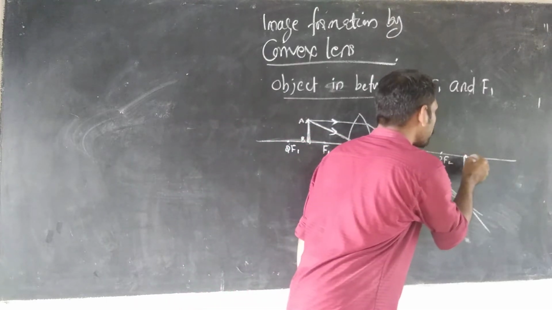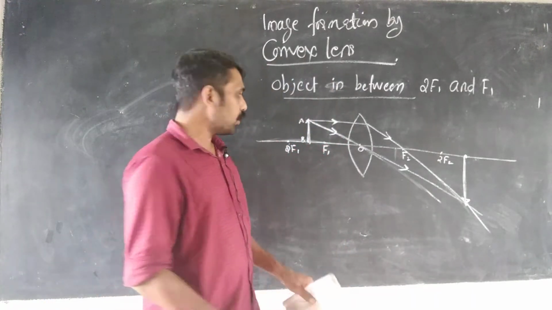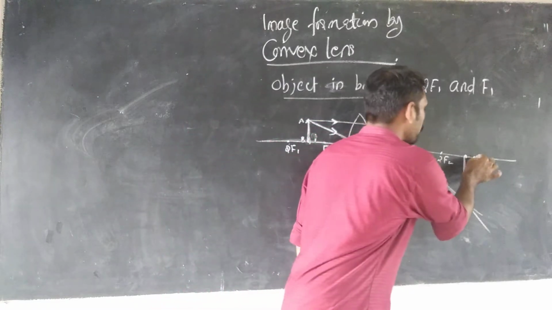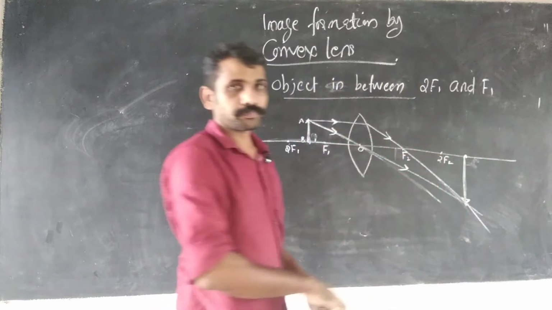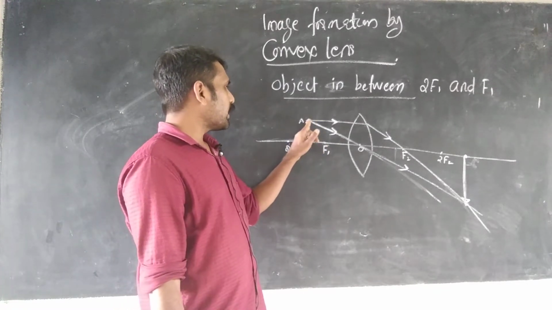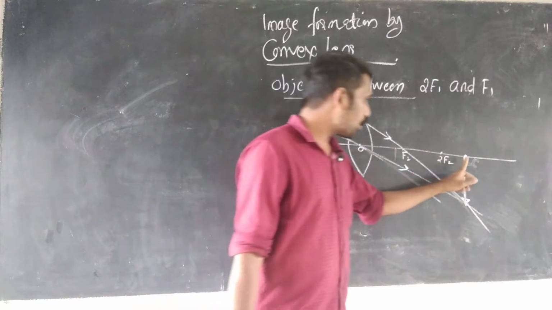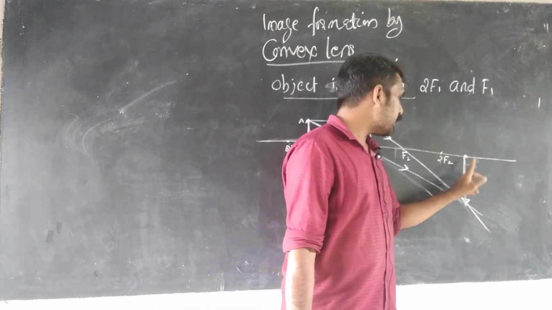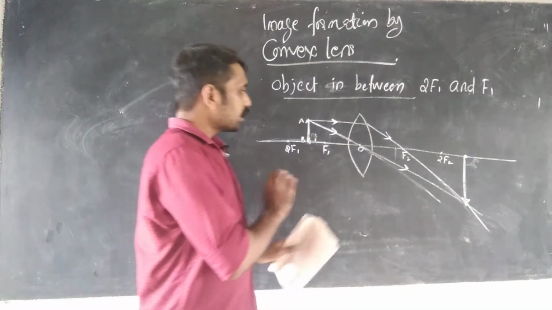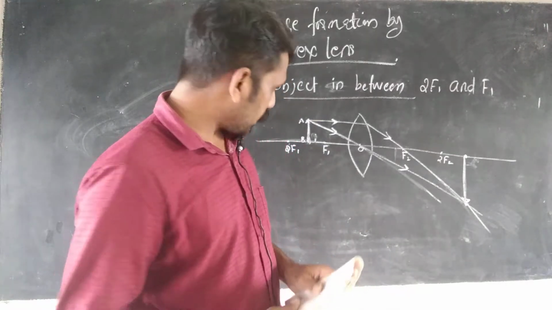We can say that the object is perpendicular to the principal axis, and the image is also perpendicular to the principal axis. So now we can check the properties of the image.